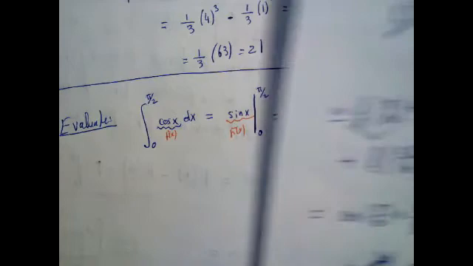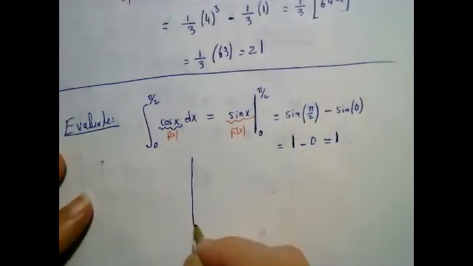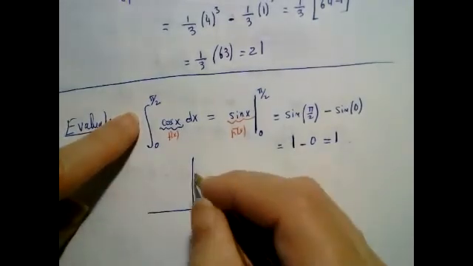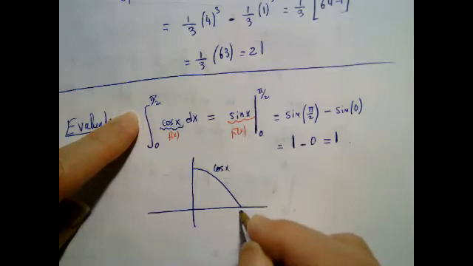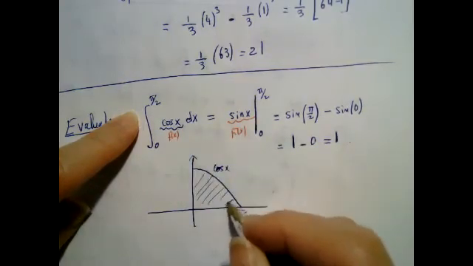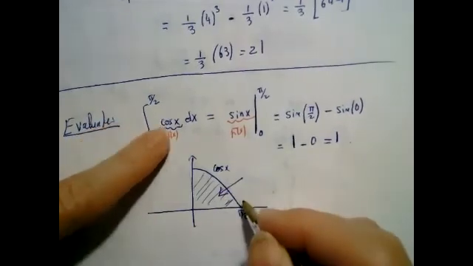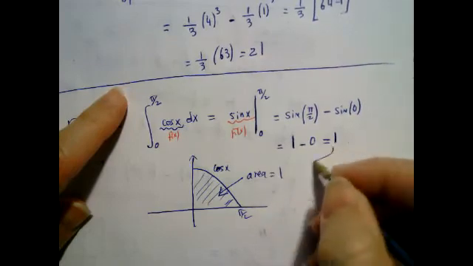And now I want you to see, so that's the actual value. If I graph the function, this is the cosine x function, that's pi over 2. Because the function is positive, the actual area is 1.